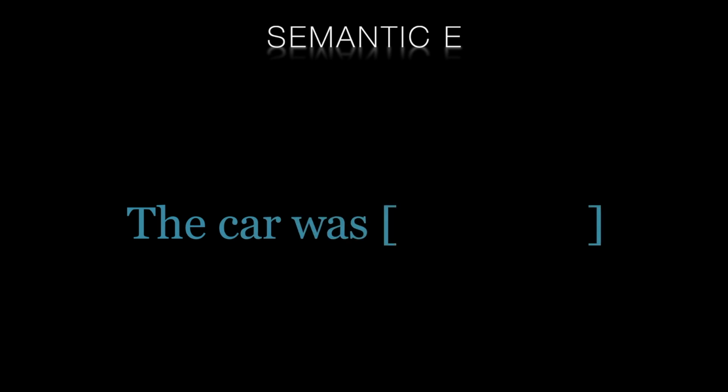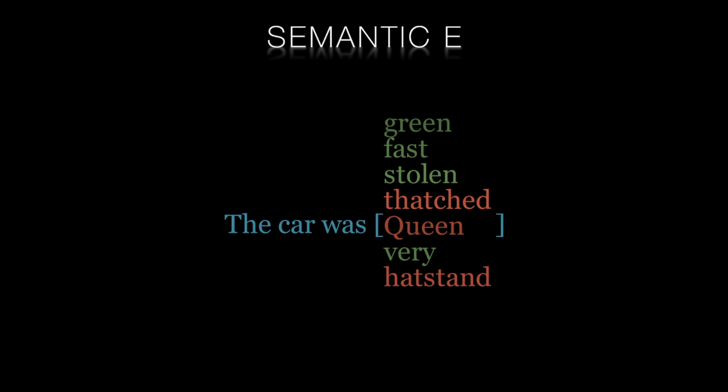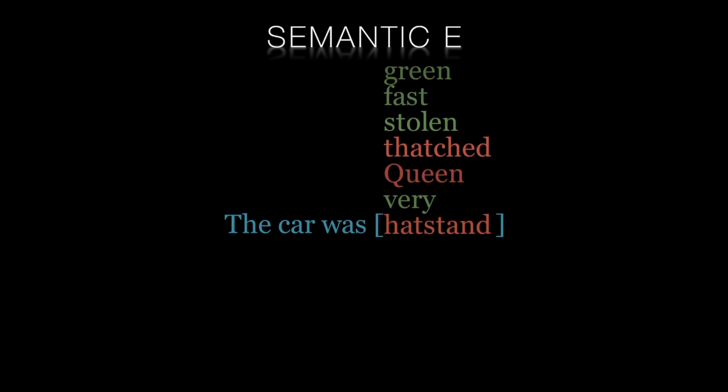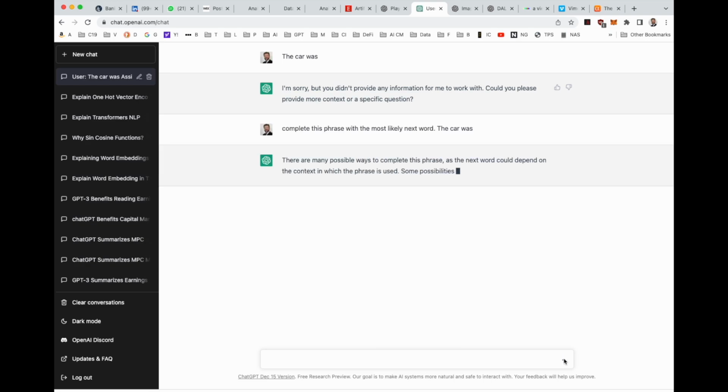This means we have enough data to train some AI algorithm to predict the next word in the sentence that begins "the car was." Interestingly, when I posed this question to ChatGPT, it went a bit Marvin the Paranoid Android from Hitchhiker's Guide to the Galaxy on me. It gave me the impression that it thought I was a fool, very perspicacious of it as it turns out, and that this question was frankly beneath it.